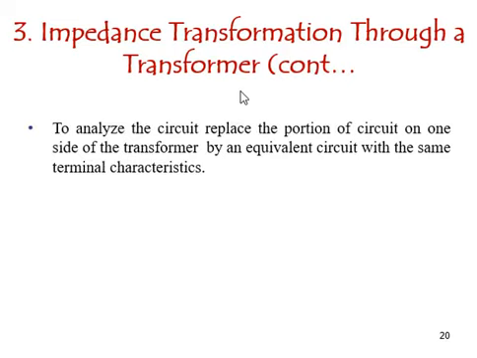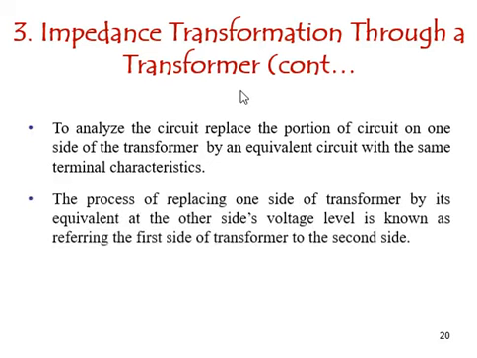To analyze the circuit, replace the portion of circuit on one side of the transformer by an equivalent circuit with the same terminal characteristics. These two statements would be verified from the next slide when we replace the portion of circuit with its equivalent circuit.